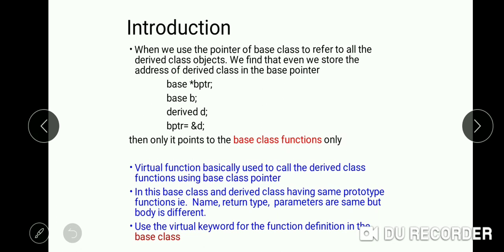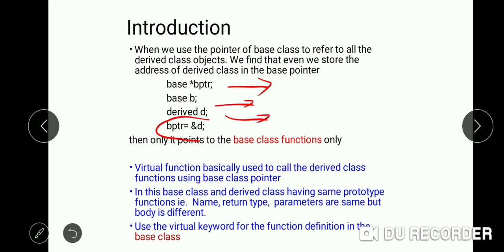When we use the pointer of base class to refer to the derived class object, then we find that even if we store the address of the derived class in the base pointer, it only points to the base class function, not the derived class function. For example, suppose this is the base class pointer, this is the base class object, and this is the derived class object.